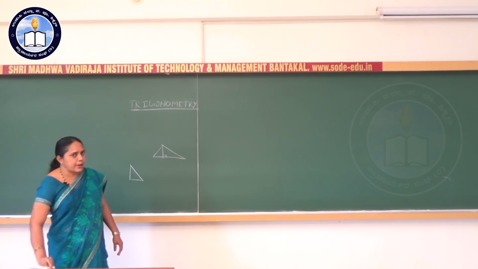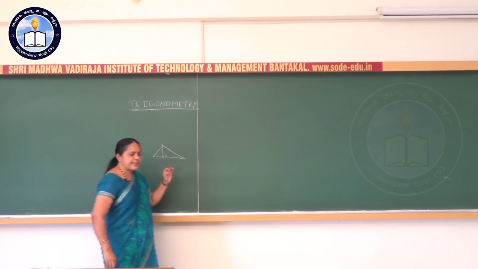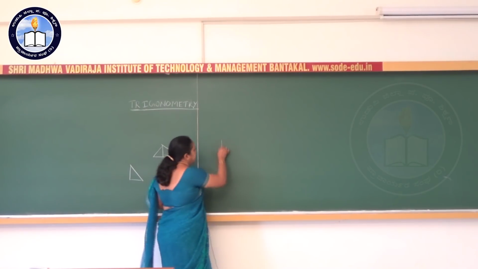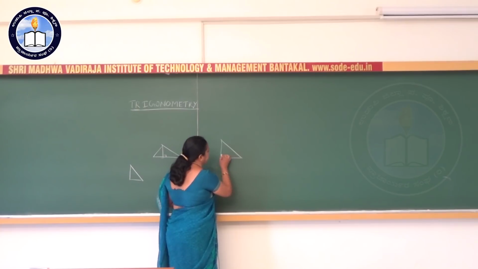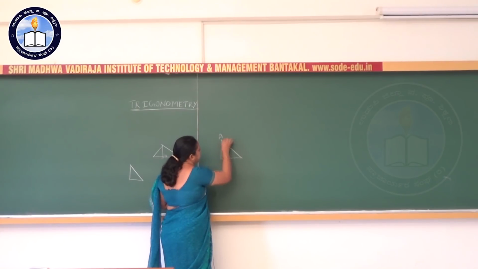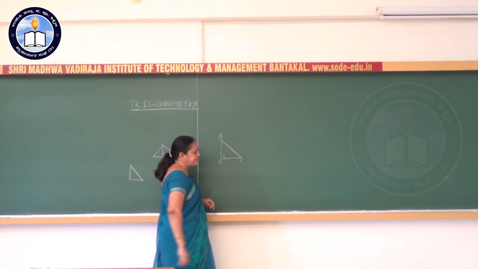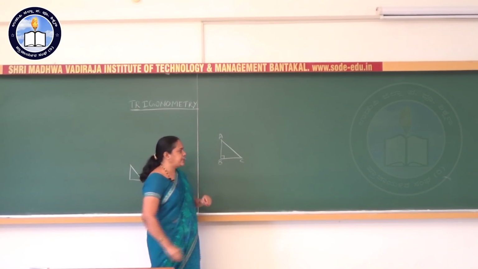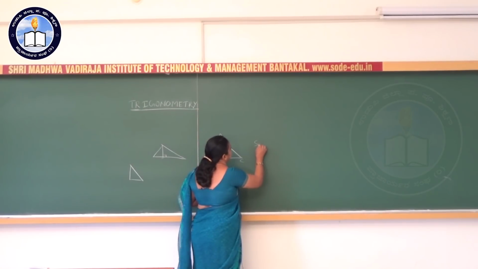Now, let me recall all the basics that you have studied last year. Given a right angle triangle ABC, right angled at B, we can define 6 trigonometric ratios of x.